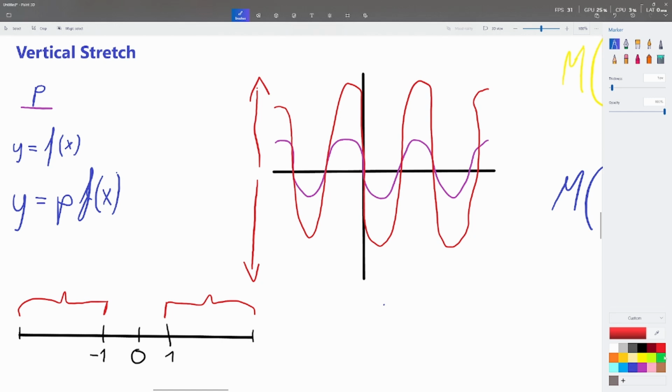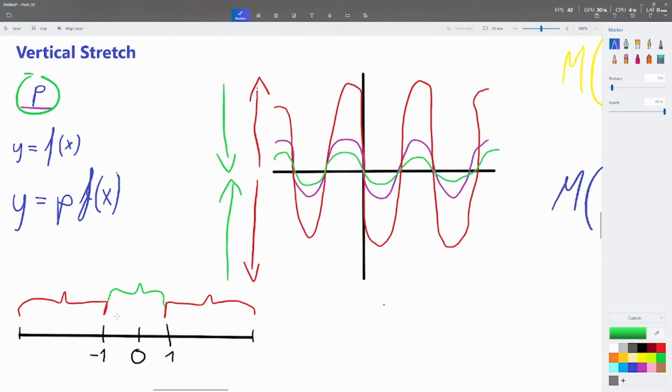However, if the value of p falls between -1 and 1, it will compress your function, meaning that your function will be more squeezed together. So your function will look something more like this, much closer to your x-axis.